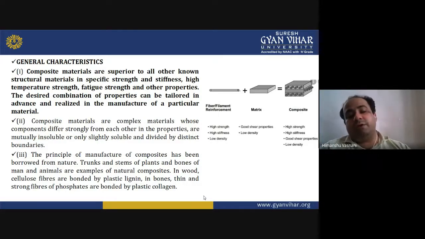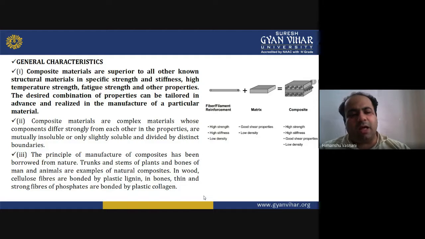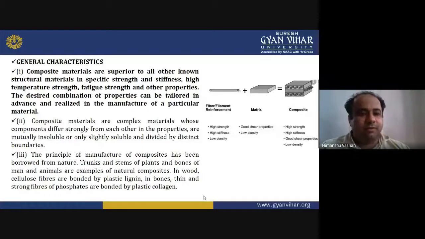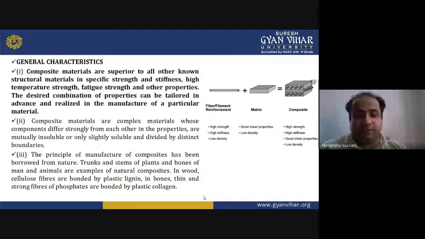The principle of manufacture of composites has been borrowed from nature. Trunks and stems of plants and bones are examples of natural composites.